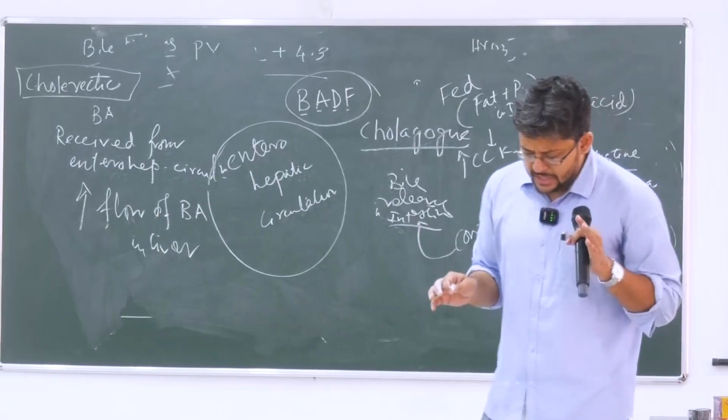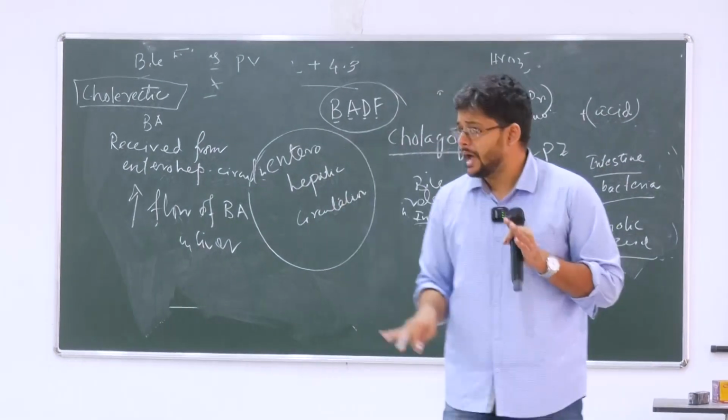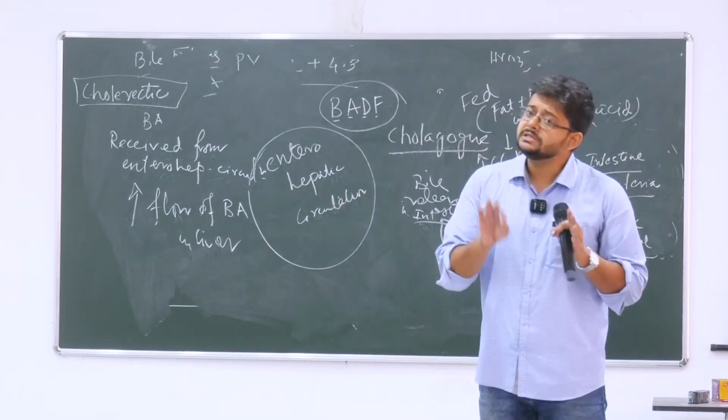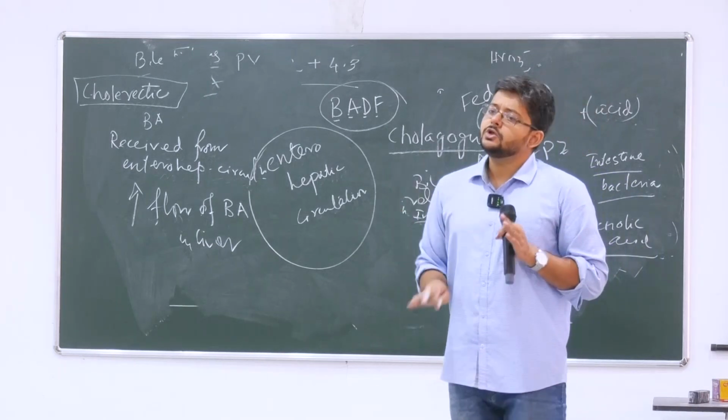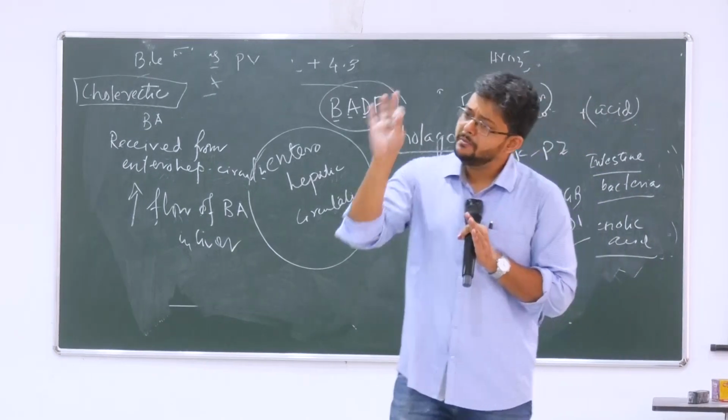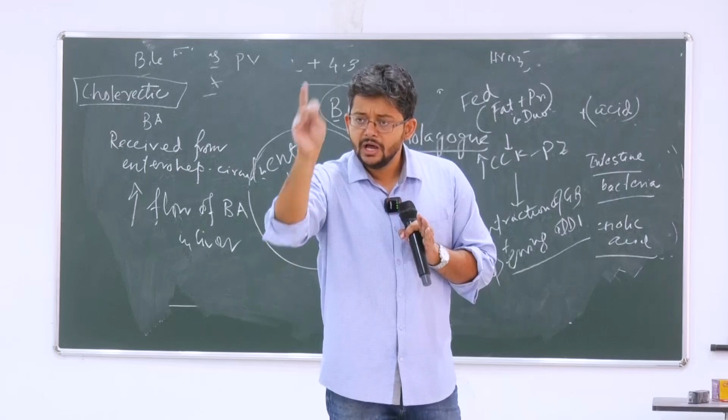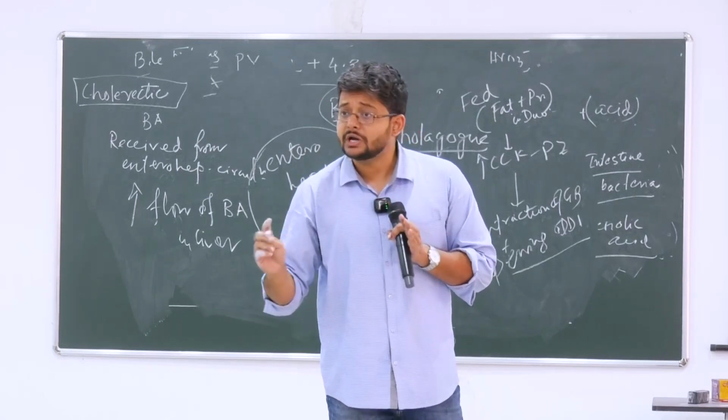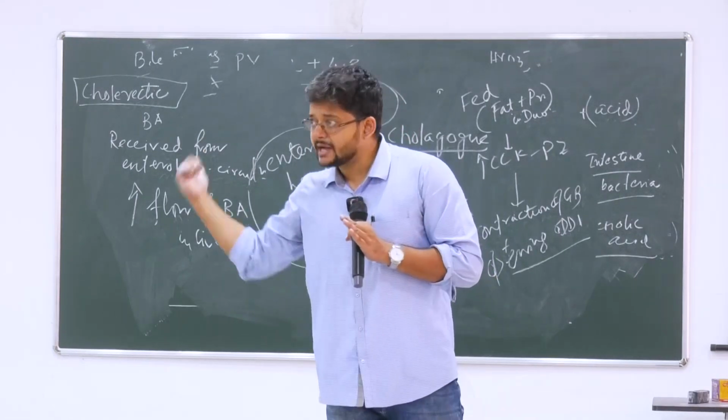And this is under the action of secretin. Hormone নাম হচ্ছে secretin. So BAIF হচ্ছে irrespective of bile acid, irrespective of enterohepatic circulation, irrespective of cholagogue action of CCK-PZ, this is the continuous bile flow. তুমি খাও বা না খাও, এই বাইলটা তৈরি হবেই লিভারে। Remember only one difference, this is not as thick as the actual bile.